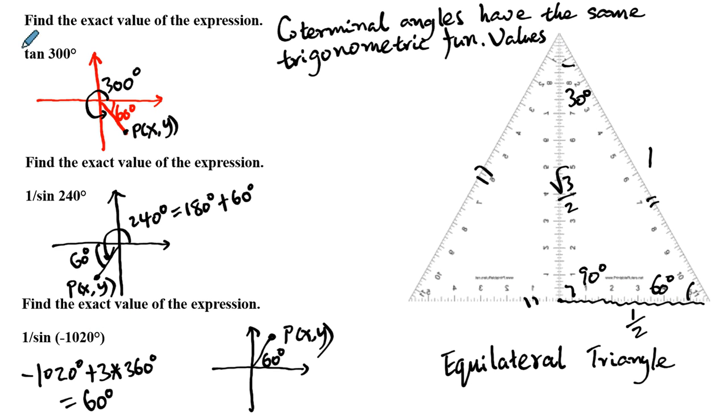Let's look at the first one, tan 300 degrees. Before we do that, we need to remember the trigonometric function values for the special angles.